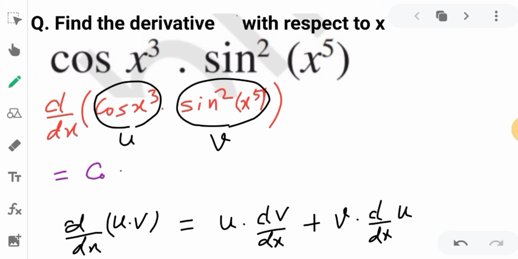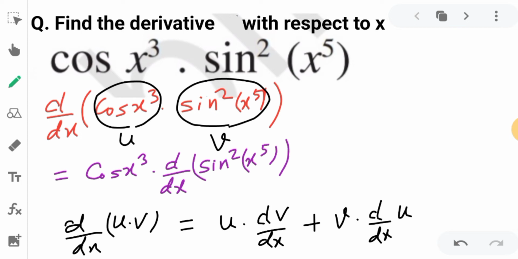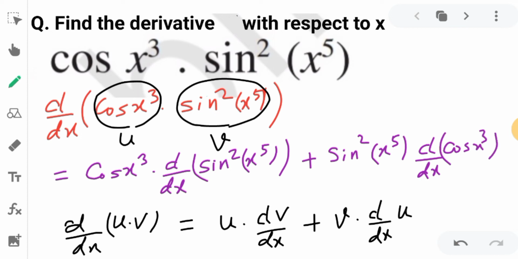If I apply the formula, I get u, that is cos x cube, into the derivative of sin square x to the power 5, which is our v, plus v as it is, sin square x to the power 5, into the derivative of u, that is cos x cube.